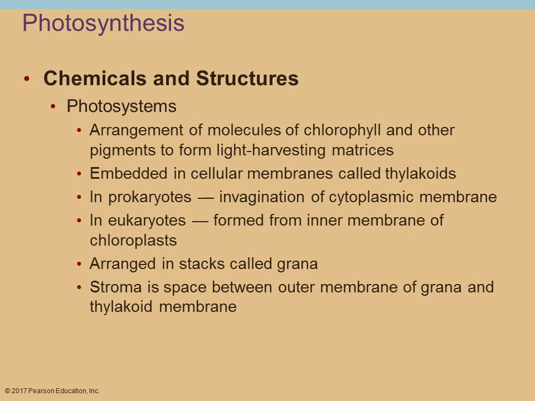In prokaryotes, the various molecules that contain the chlorophyll and are able to absorb that solar energy are located in the cytoplasmic membrane. In eukaryotes, these pigmentations, chlorophyll, will be embedded within the chloroplast.